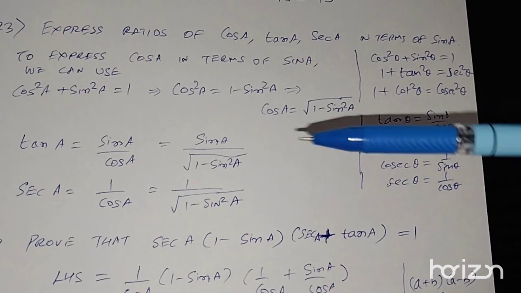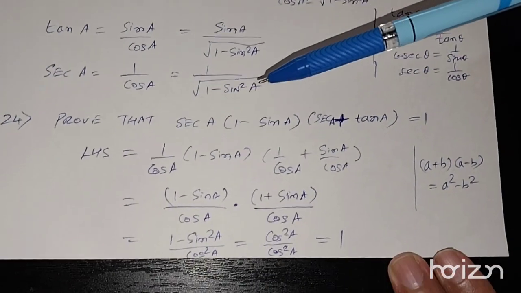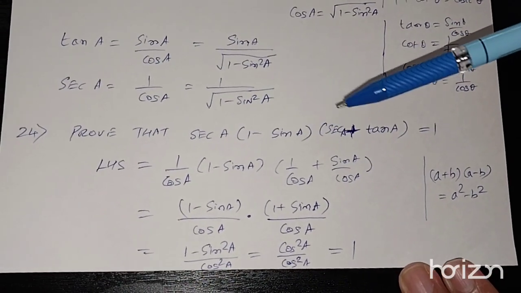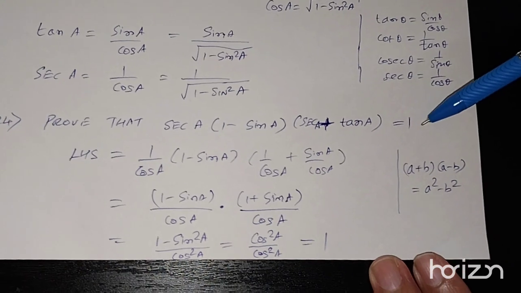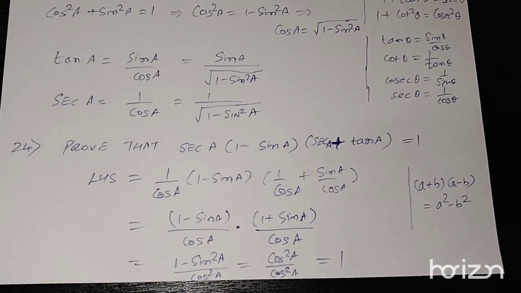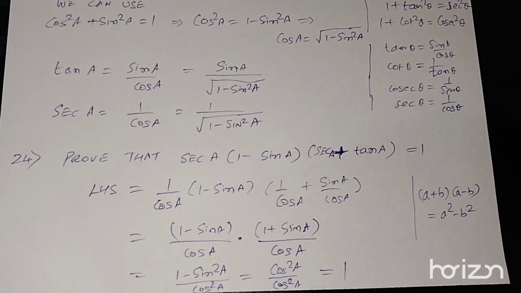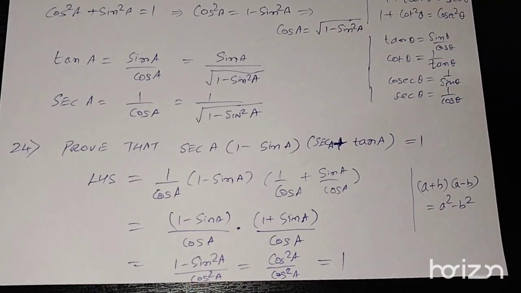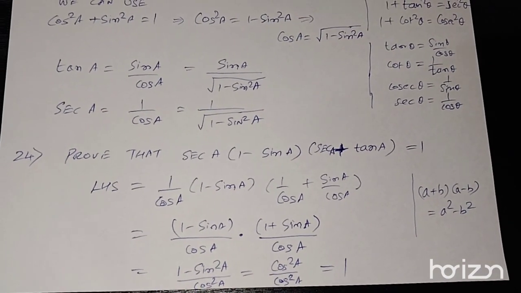Okay. Next question says, prove that sec A (1 − sin A) + (sec A + tan A) is equal to 1. Remember, whenever you want to prove LHS is equal to RHS, one thing you should always do is express everything in terms of sine and cos.